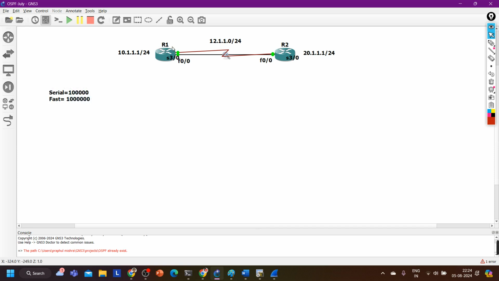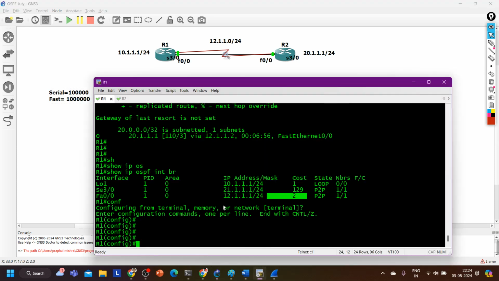What will happen in this scenario? Can router 1 identify which path is the best path?